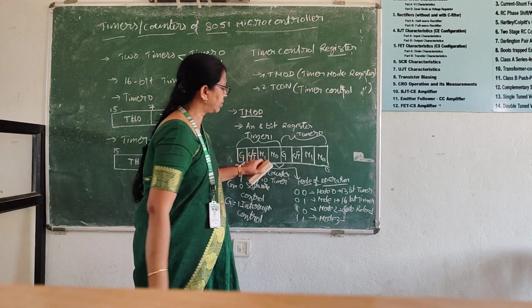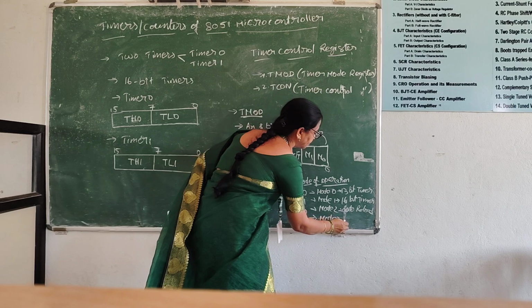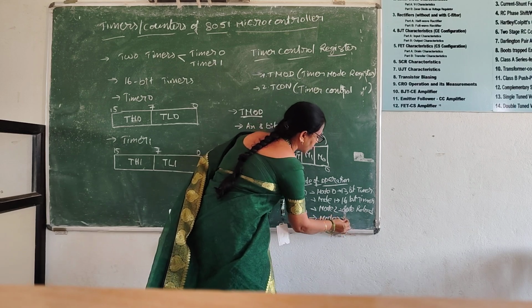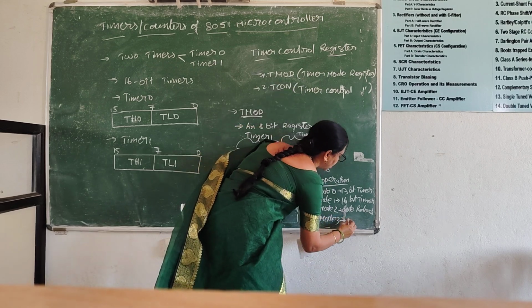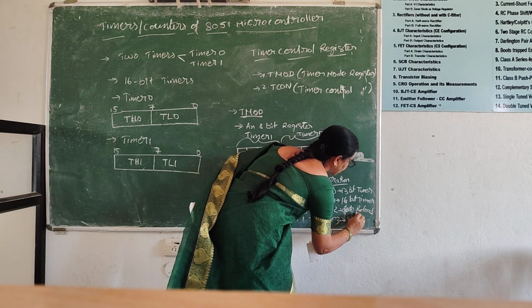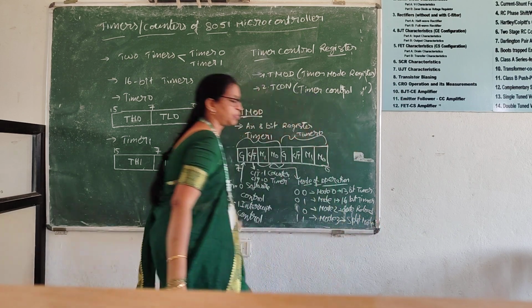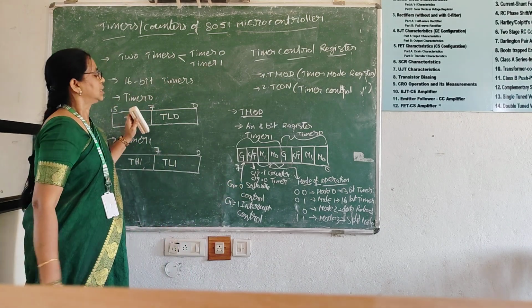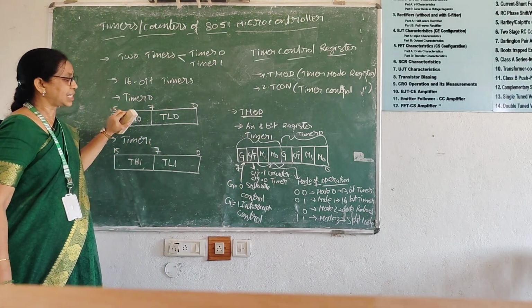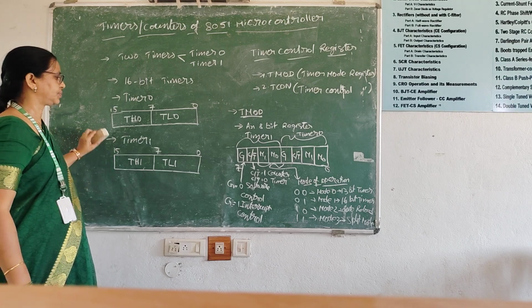If the bits are 1 1, the timer operates in mode 3, called split mode. In this split mode, the timer works as two 8-bit timers or counters.